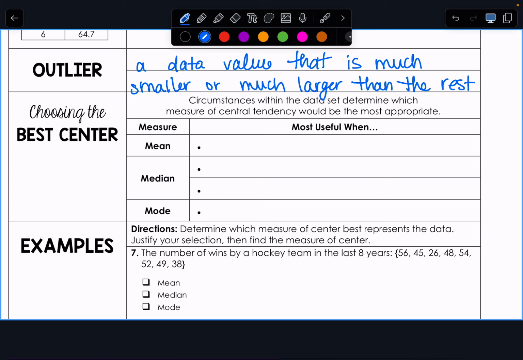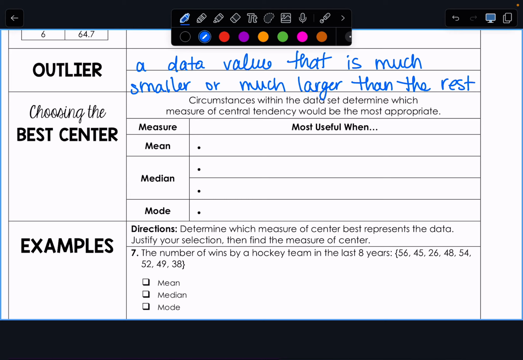If you have one data value that is way small or way big, it's an outlier. Like if everybody got A's and B's on Tuesday's test, but one person got a 35%, that would be an outlier. Nobody did, okay? But that would be an outlier.